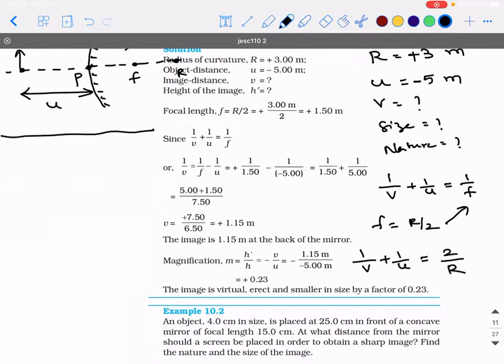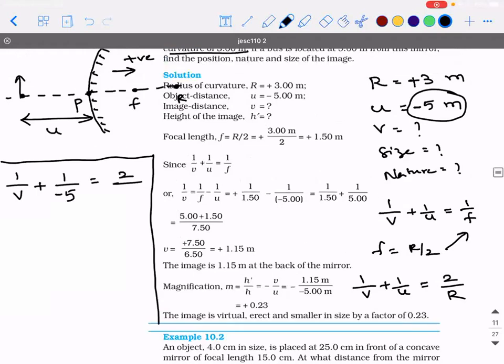Students, are you able to understand? So 1 by V plus 1 by U is equal to 2 by R. So 1 by V is an unknown, plus 1 by U is how much, guys? It is minus 5, is equal to 2 divided by R, which is plus 3. Okay.